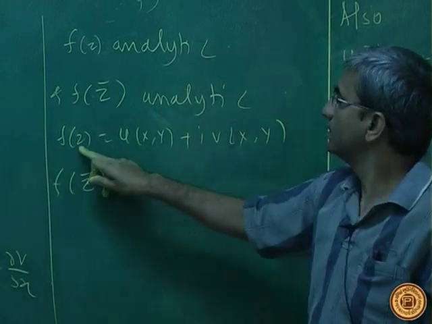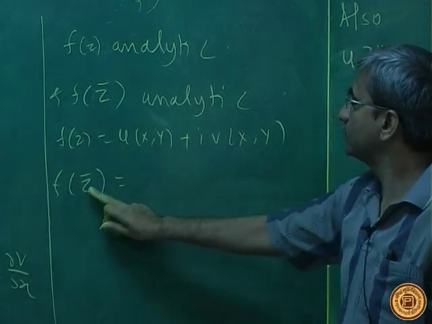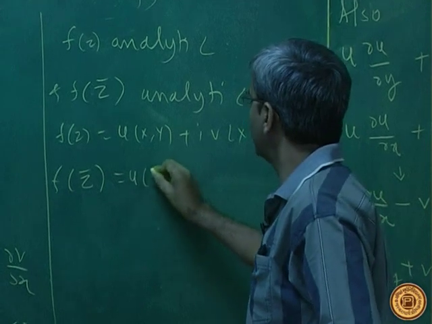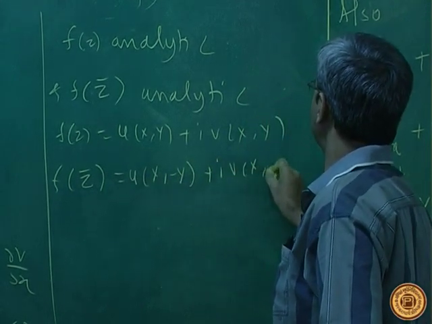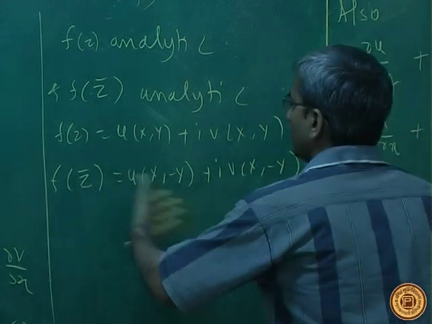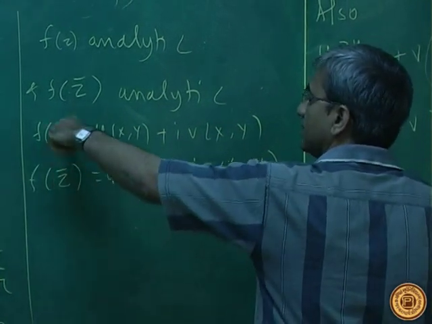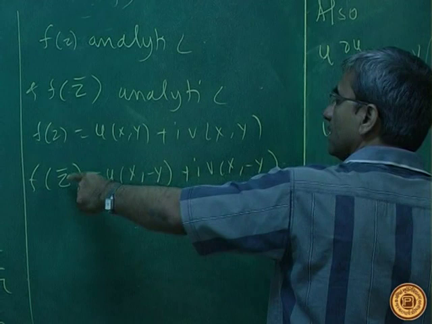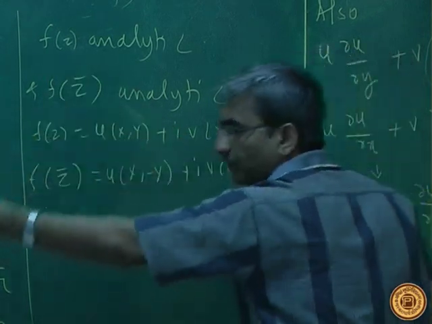Now z is x plus iy, then you get (x,y) here. So z bar is x minus iy, means you get u(x,-y) plus i v(x,-y). You may look upon this as a composition, (x,y) goes to (x,-y), and f of z bar, so z goes to z bar is one function, say suppose g, so this is f composite g.